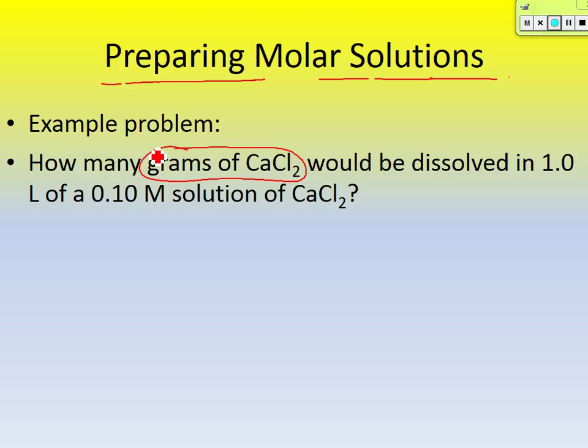Okay, what's it giving us? Well, it's giving us 1.0 liters. And what else? The 0.1 molar solution. So it's giving us the concentration. It's giving us the molarity. So this is going to be a little different.